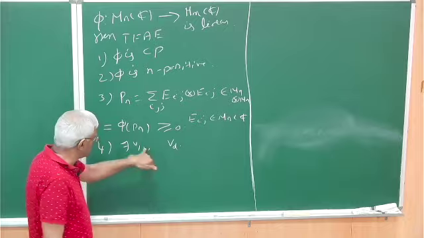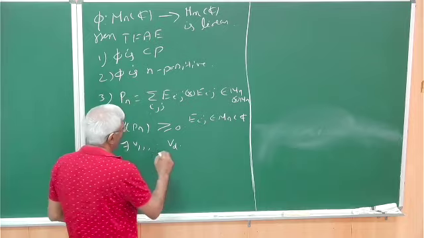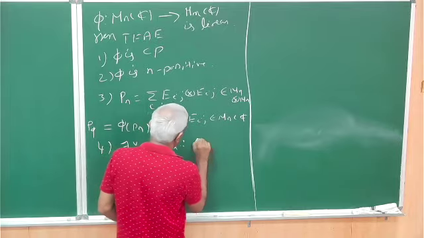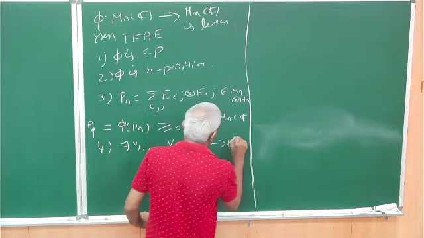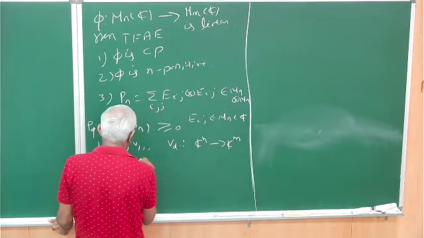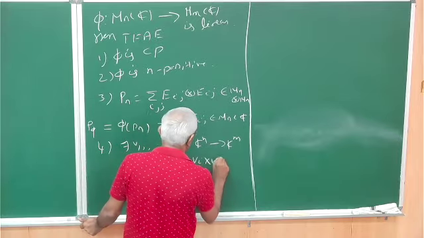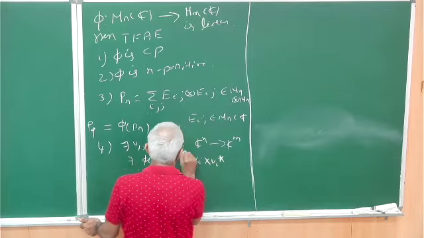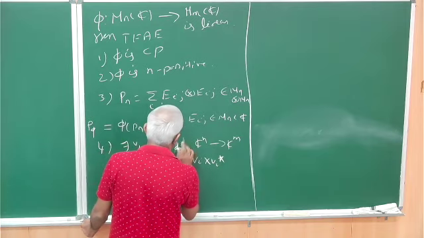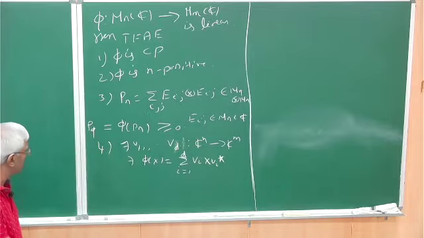I said that it's mapped from Cm to Cn, but let us take these maps from Cn to Cm, just shifting the star, such that P of x equals the summation of Vi x Vi star, i equal to 1 to D. These are D maps from Cn to Cm.